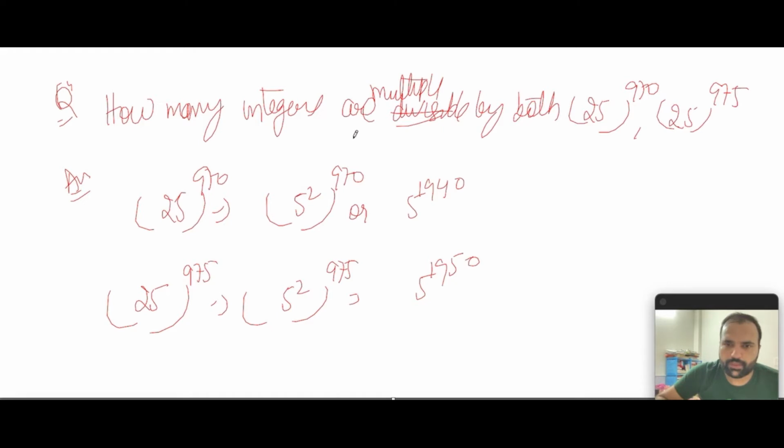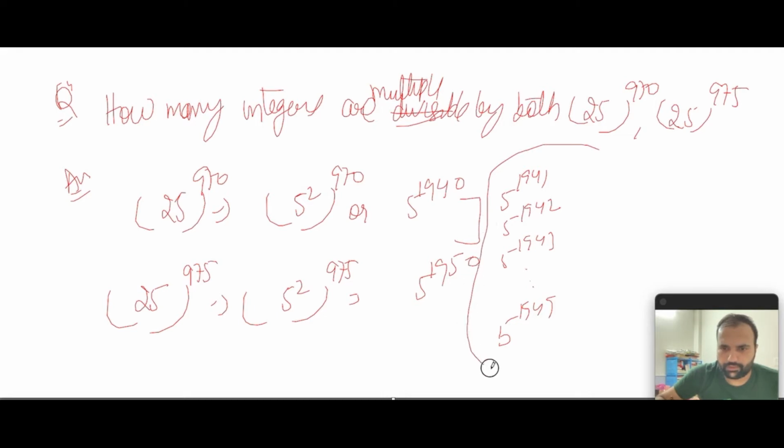Okay, now what do we need? How many integers are multiples of both of these? You can see we can start with 5 to the power 1950 and go on: 5 to the power 1950, 5 to the power 1951, 5 to the power 1952, and it will go till 5 to the power 1960.